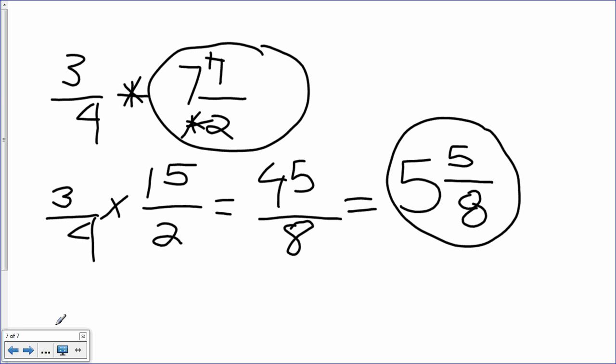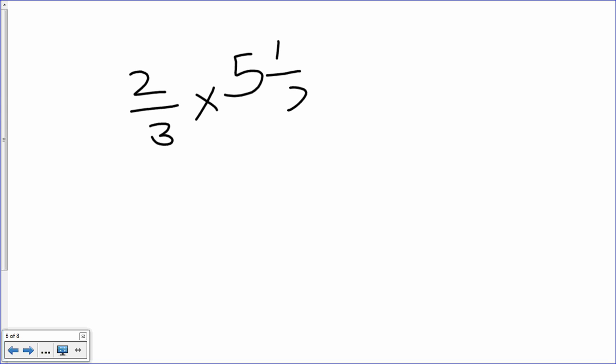Let's do one more, just for some more practice. If I have 2/3, and I want to multiply that by 5 and 1/2. Again, I'm going to change my mixed number into an improper fraction.